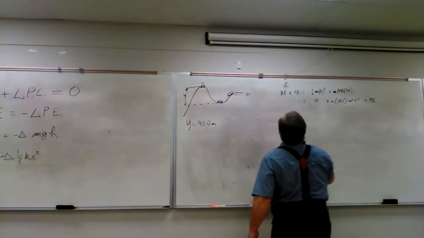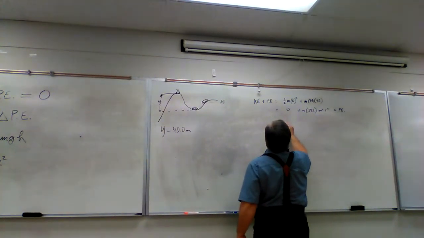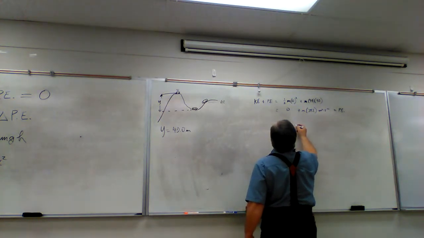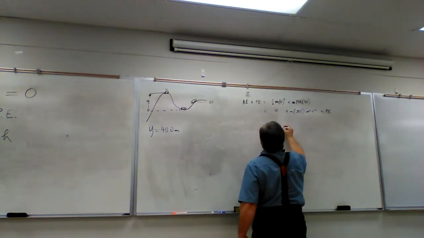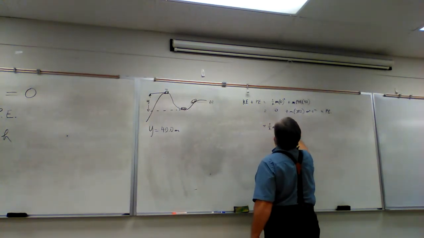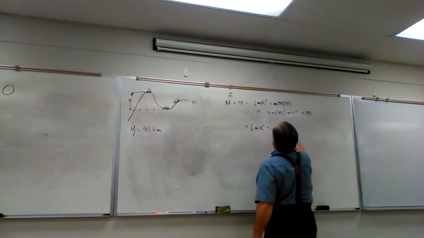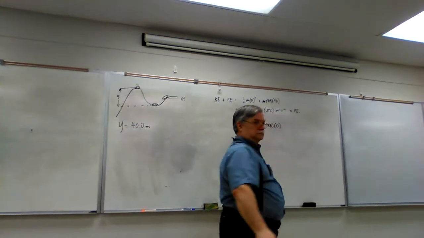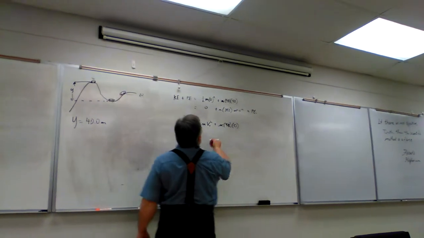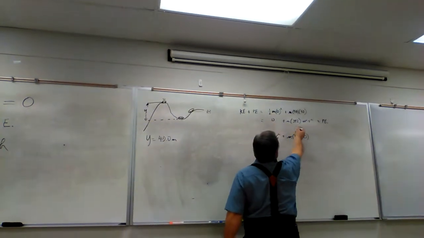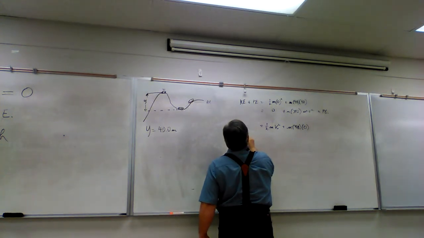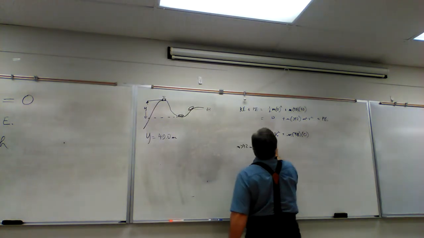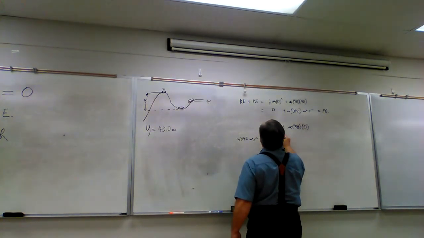So whenever y is 0, this same number is going to be equal to 1/2 m times v at 0 squared plus m times 9.8 times 0. Well, it's pretty easy to solve this. We've got mass times 392 meters squared per second squared is equal to 1/2 m times velocity squared.